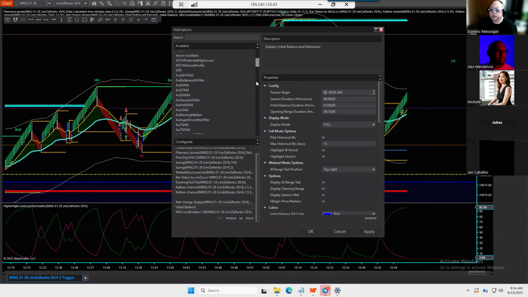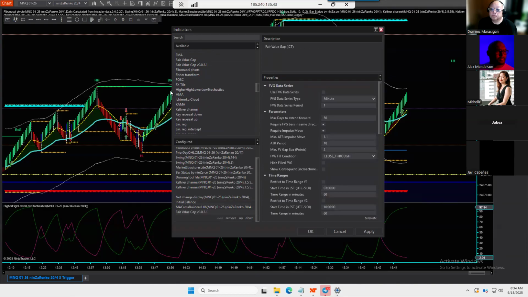There's a new one on here. It's called the fair value gap. Let me see if I can find it. Here we are, this one. It's going to be based on a 5 minute, use fair value data series.